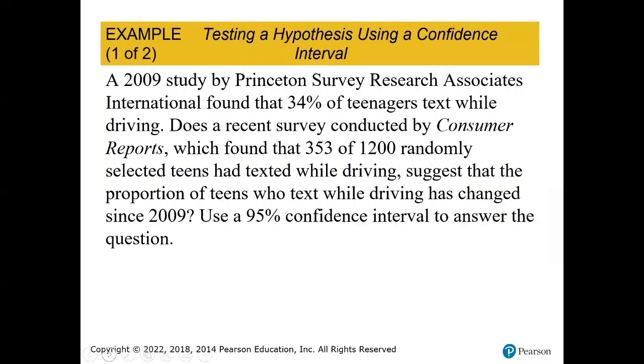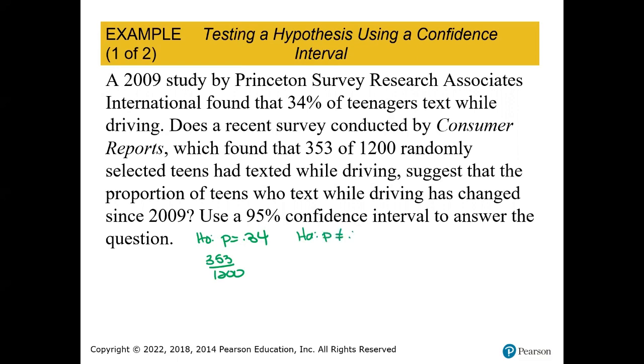We're going to use the confidence interval to test the same thing here. A 2009 study by Princeton Survey Research Associates International found that 34% of teenagers text while driving. So there's our status quo: p equals 0.34. A recent survey conducted by Consumer Reports found 353 out of 1,200 randomly selected teens had texted while driving, suggesting that the proportion of teens who text while driving has changed.